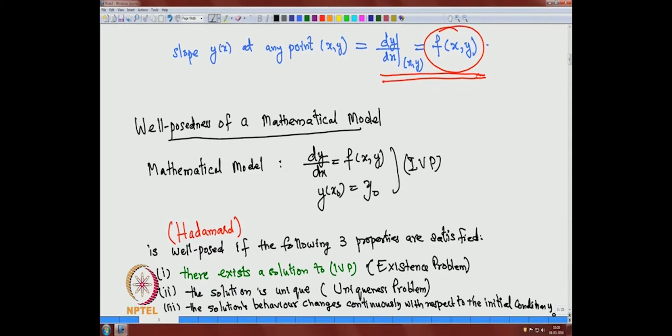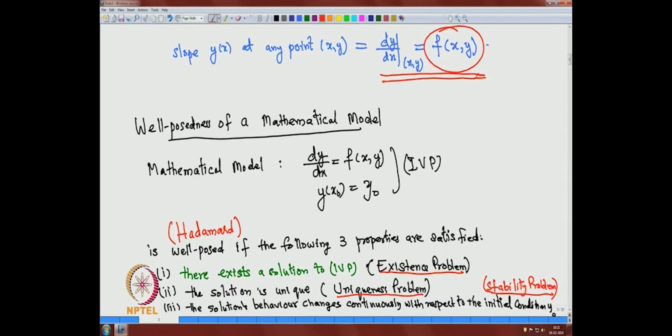The third problem is known as the stability problem. So, the existence problem first, then the uniqueness problem, and the third one is the stability problem.